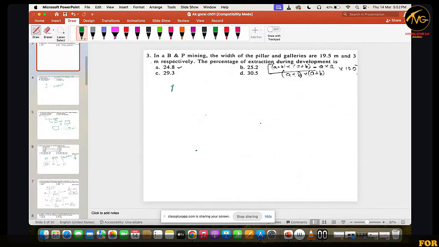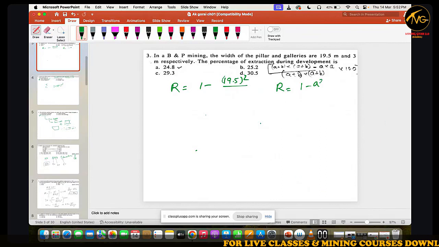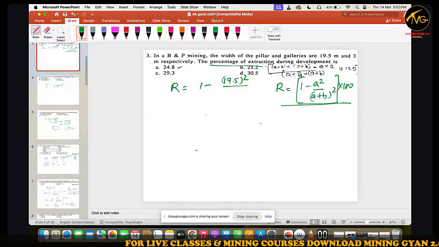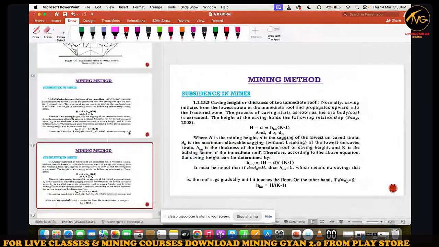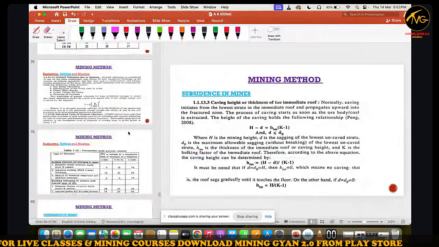So R equals 1 minus a square by a plus b whole square into 100. This is our formula of percentage of extraction. I have told many times, so you should know. Yesterday, day before yesterday, I told 4 or 5 times that you should know this formula.